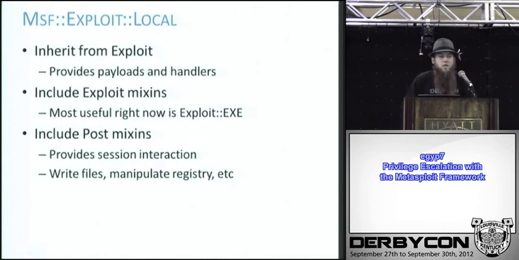Exploit local has always existed, but it didn't really have any sort of functionality. In the last couple of months, I've added the ability to use all of the normal post API that you're used to for creating post modules, in addition to some of the useful things from exploits, and tying those two together so that you can, for example, create a payload as an executable and then write it to the disk on the target and execute it. And all of that is very simple with the new API.